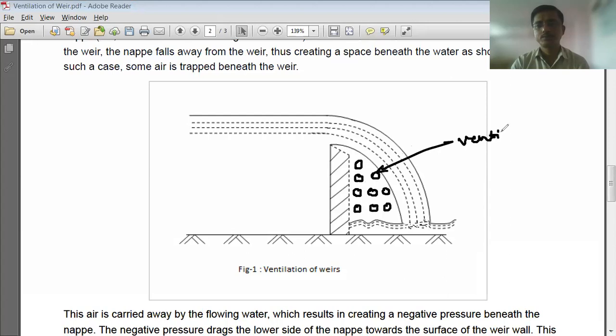Write on there, ventilation of Weir. Draw this diagram quickly.